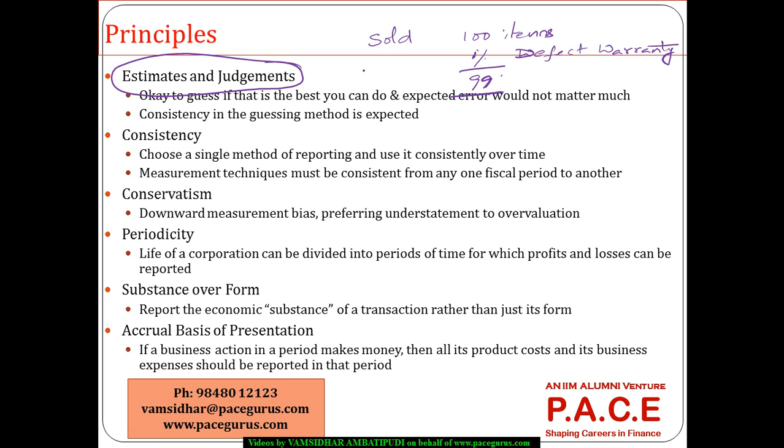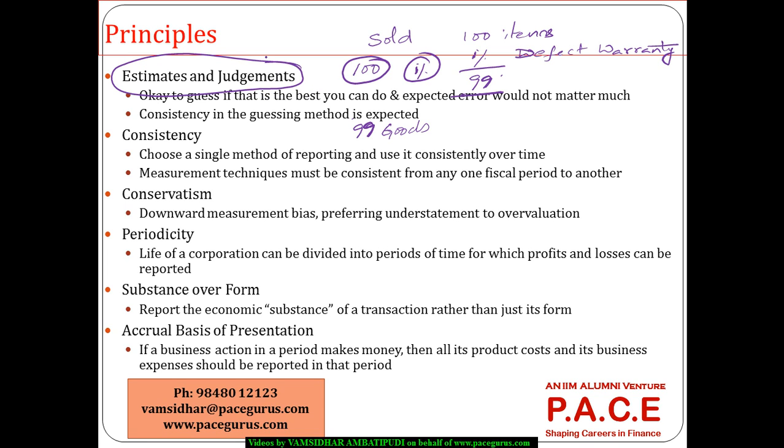So now what the accounting principle says is, when you have sold 100 new items and you reasonably expect that 1% of them come back because your historical experience says so, you can very well recognize the revenues and the profits only for 99 goods instead of 100, because the assumption and estimate you are making is reasonable.